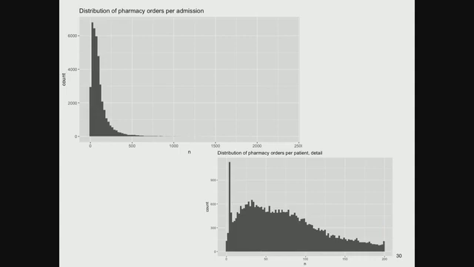So if you look at it, it's a very long-tailed distribution, goes out to about 2,500, but if I blow up just the numbers up to about 200, there's a very large number of people with like 2 prescriptions filled, and then a fairly declining number with more. And then it's a very long tail. So can you imagine, 2,500 things prescribed for you during a hospital stay?